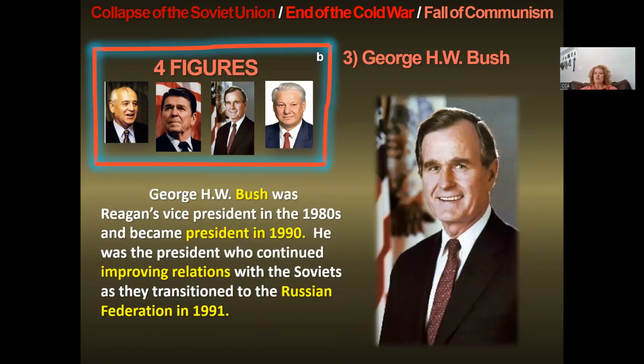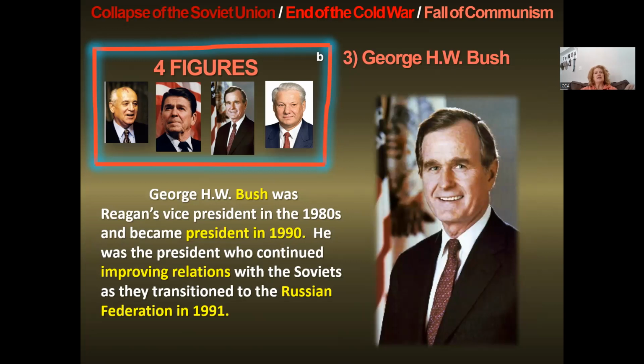Okay, after Ronald Reagan, the next president was George H.W. Bush. He's the president who was credited for continuing to improve relations with the Soviets as they transitioned to the Russian Federation. This was a very difficult time for all of those countries that were part of the Soviet Union.